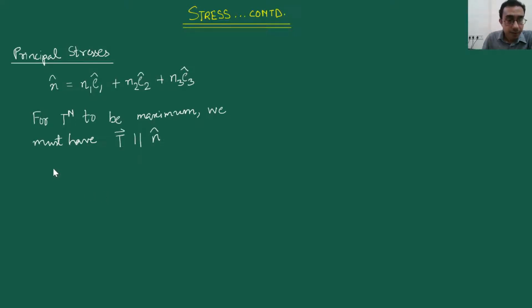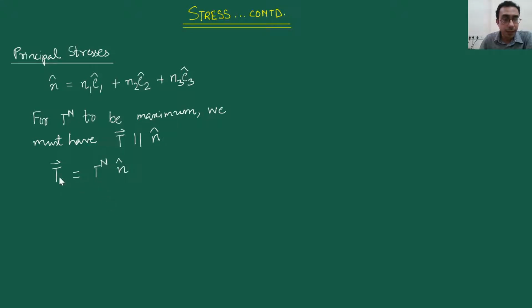So that means the t vector will be a certain magnitude multiplied by the n hat. And what is that magnitude? We understand that the entire magnitude will be captured by this Tn. So this is a very, very important step to write. So it will be like this.